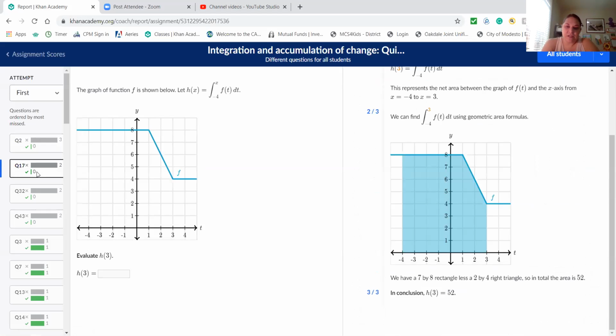Here's another question that is asking to evaluate h of 3, and h at the top of the screen here is the integral starting at -4. And so what you see inside the parentheses is where they would like you to stop and form that shape. So I'll sketch this one out on binder paper here.